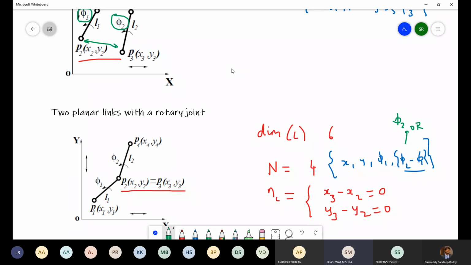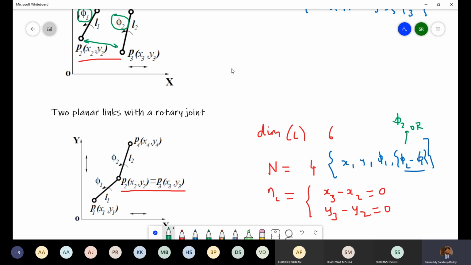No, sir. So what are these 4 degrees of freedom defining? One is x, y, the coordinates of one of those points, the translations, and phi 1, which is the rotation of link 1, and phi 2, or the second angle.